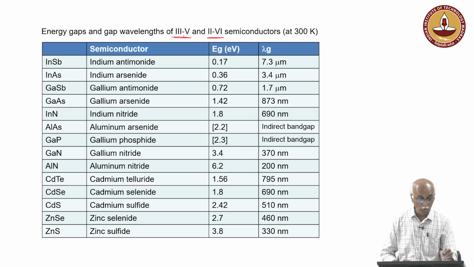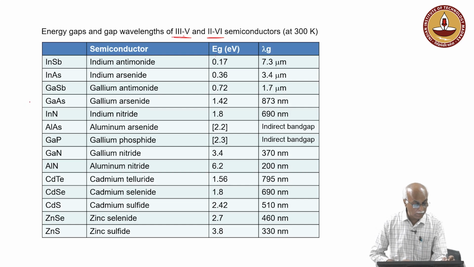So, gallium arsenide is very well known, as is aluminum gallium arsenide. Basically they will also have wavelengths around 1.5. Maybe we will see, here it is not included, but aluminum gallium arsenide is also available at around 1.5 micrometer or so, where we will get the light.